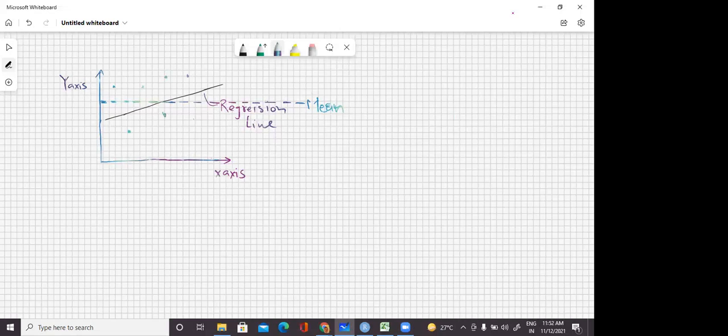So suppose here is an actual point. For this value of x, our prediction was this, what is there on the regression line.